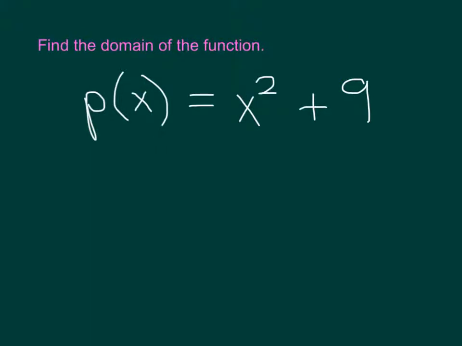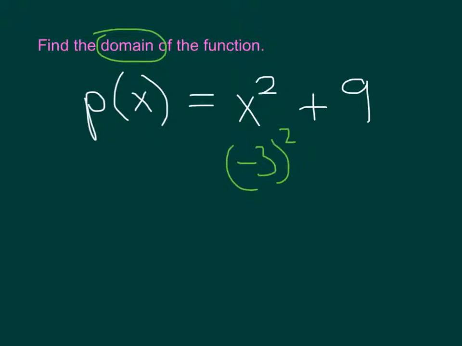And in this third example, p of x equals x squared plus 9. Again, we're mainly looking to prevent any sort of undefined fractions to figure out the things that x cannot be. In this case, x could be 0. 0 squared plus 9 is just 9, so that'd be fine. x can be negative numbers. If we had negative 3 squared, that's okay.